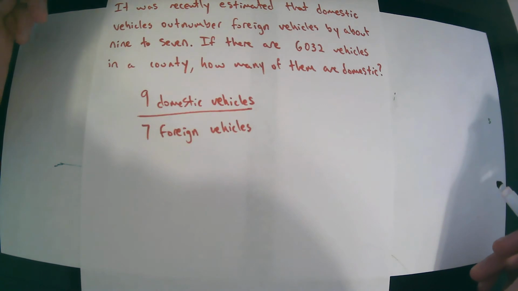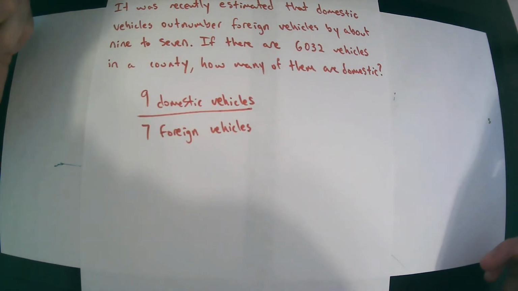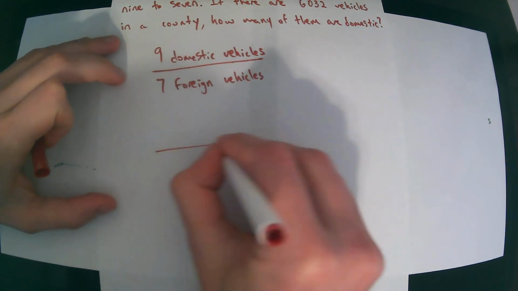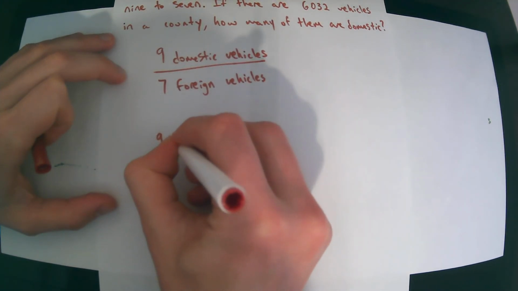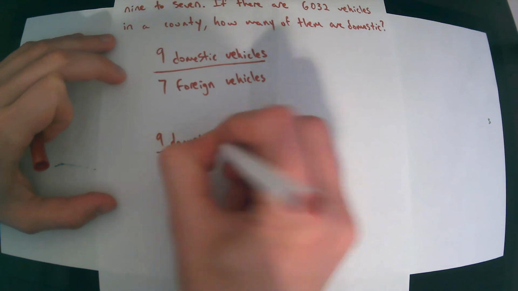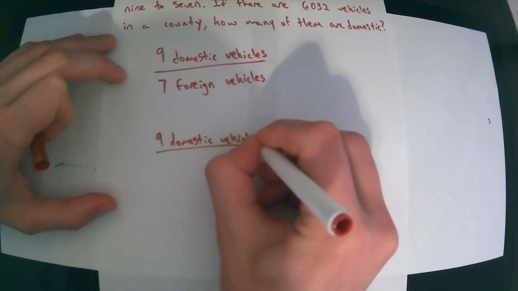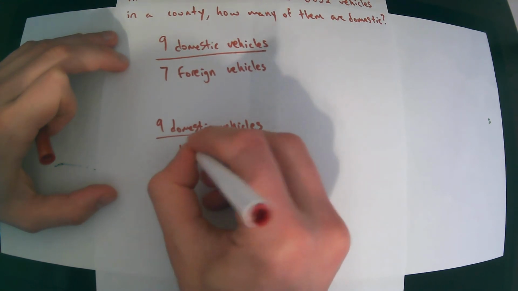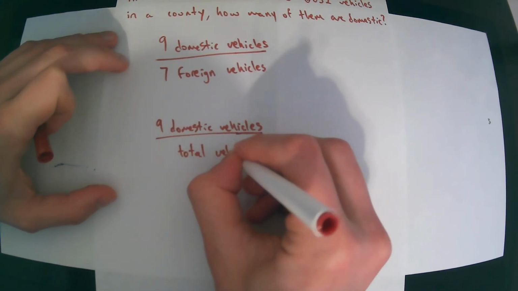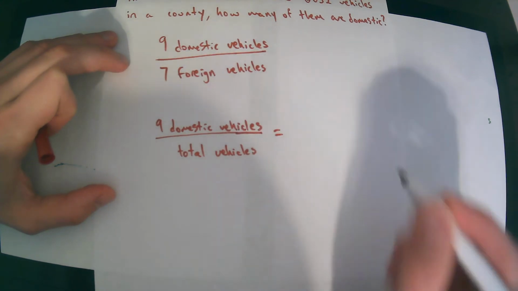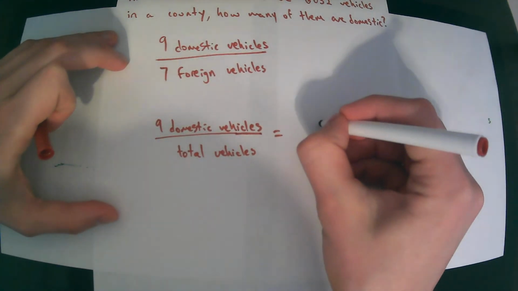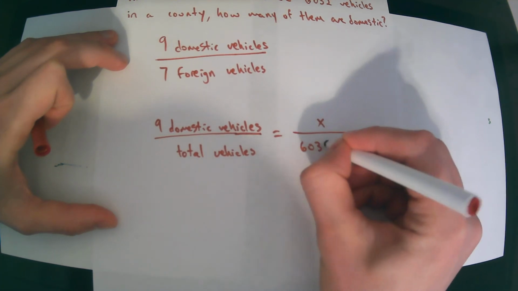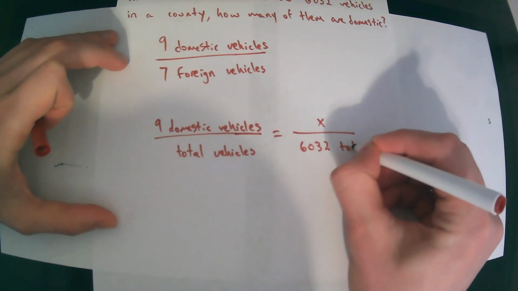So how could we create a new ratio that involves domestic cars? We'd like to keep the top as domestic because we know that needs to be involved. And then down here we want total vehicles, because this is the ratio that we want to be equal to. We want some X number of domestic vehicles per the total of 6,032 total vehicles.